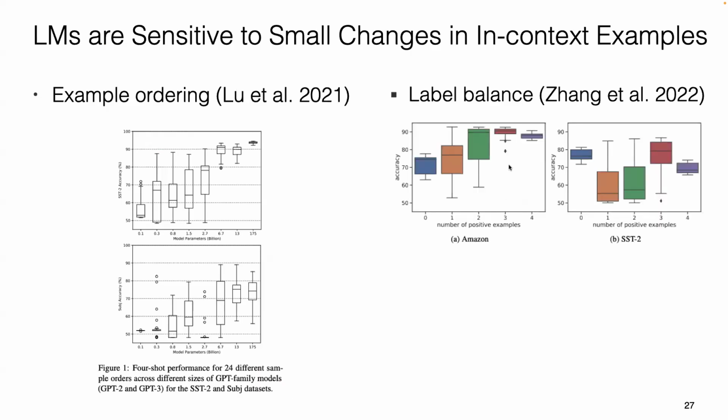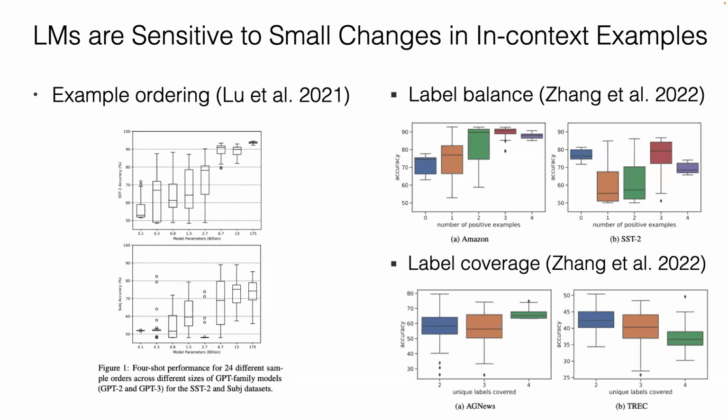Also, I haven't checked whether this type of thing applies to the newer models, but here they observed that the number of positives versus the number of negatives would lead to these performance variations. And this one was the number of labels that they had, something like that.